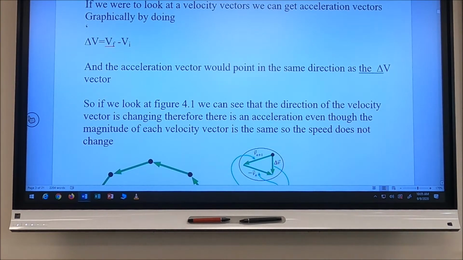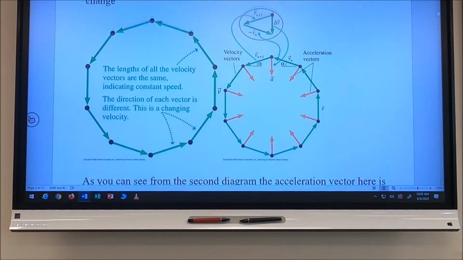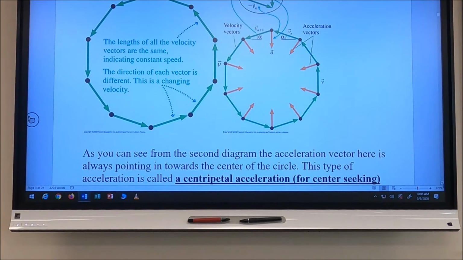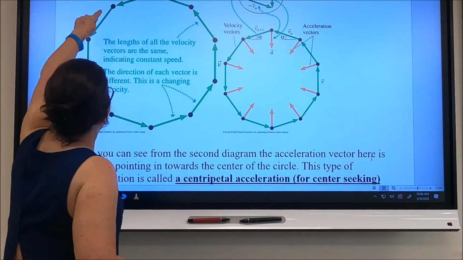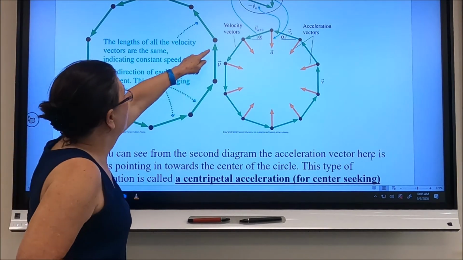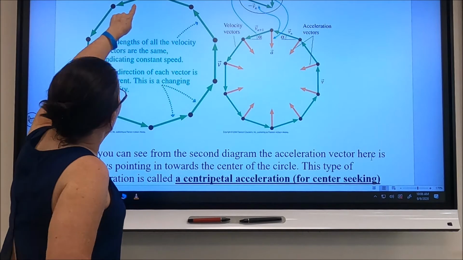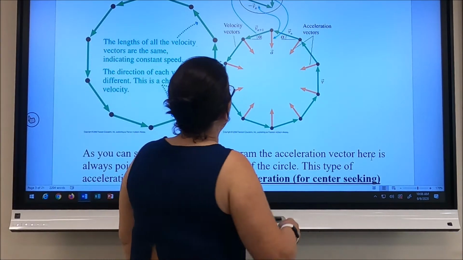We're going to look at figure 4.1. If we look at drawing 4.1, what we see is that our velocity vectors point from one point to another. So this object is moving in a circular pathway.